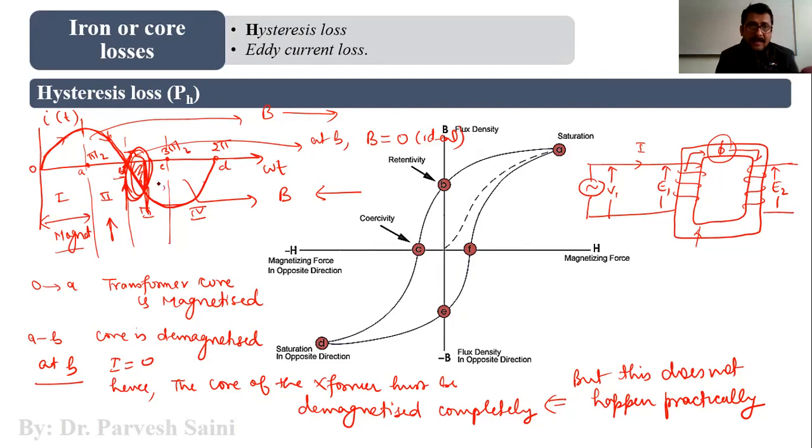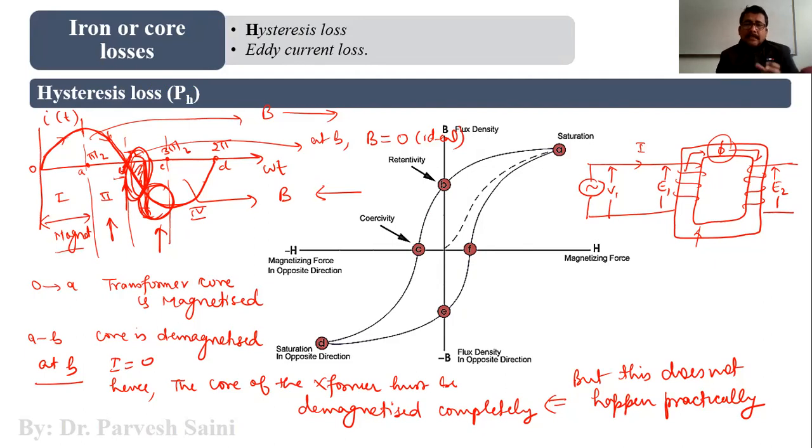Now it has only this much part of the negative half cycle for which the core will be magnetized to the maximum value, right? So that means we have wasted a part of the negative half cycle, or a part of the input supply, in demagnetizing the core, which we could have used for some purposeful work.